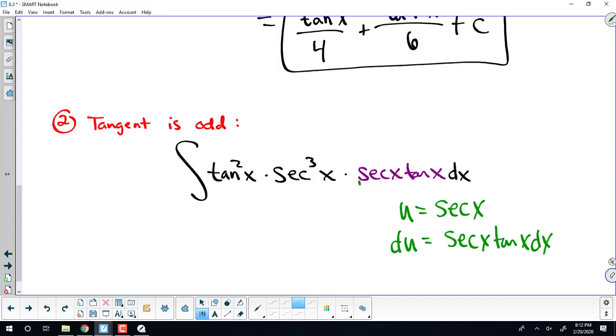That gets all of this. We've got this taken care of as well. We need to rewrite tangent squared now in terms of its Pythagorean identity. So this tangent squared is secant squared minus 1.